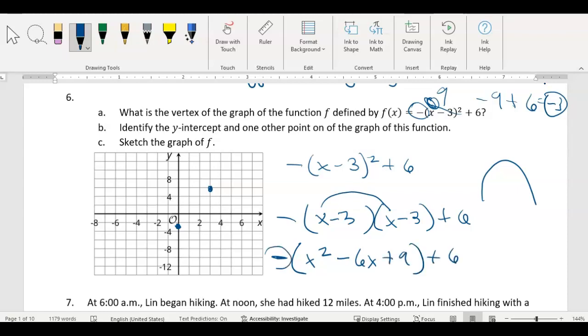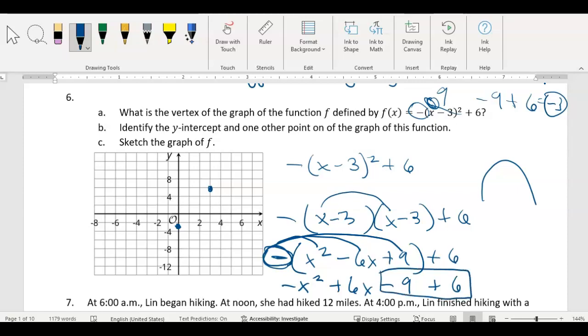Now I have to distribute this negative through everything in the parentheses. So negative x squared plus 6x minus 9 plus 6. This negative is only being distributed through the parentheses because that's all it's being multiplied by. So this plus 6 stays the same. Now notice when I add negative 9 and 6 together, I will get negative 3. So I've confirmed that that is in fact our y-intercept.